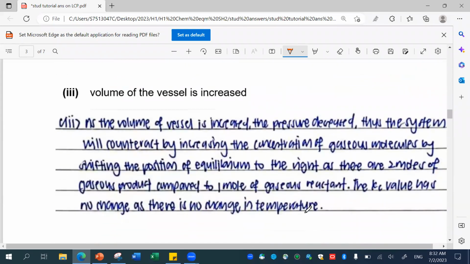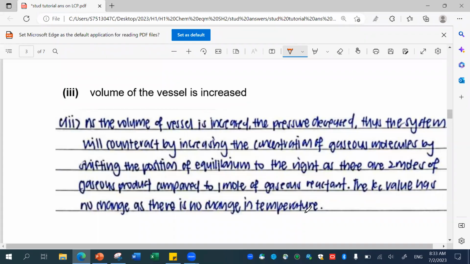So this is the effect of the volume of the vessel. Good job in highlighting that you are trying to increase the concentration of the gaseous molecules. Now, she's not making reference to either the reactant or the product. She's referring to the concentration of all the gaseous particles.